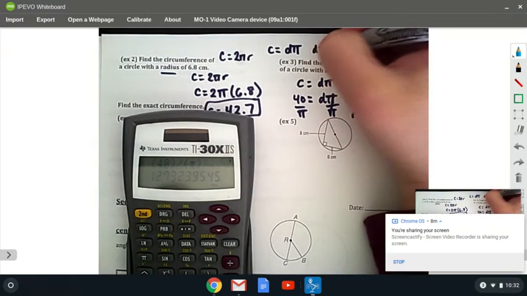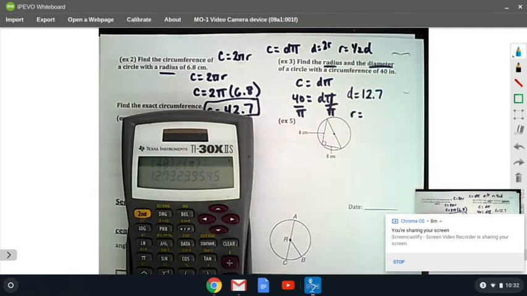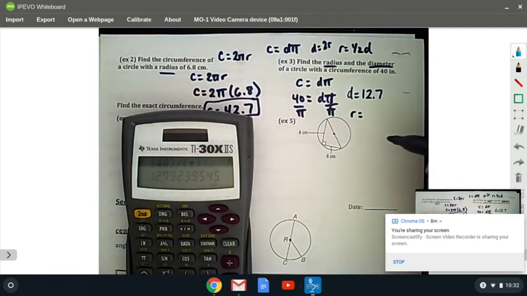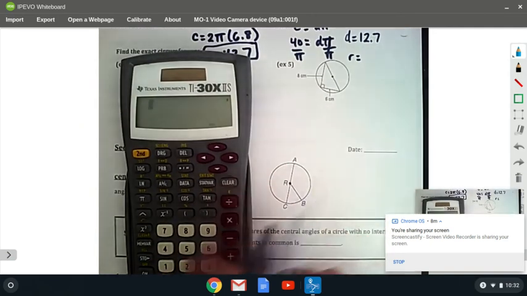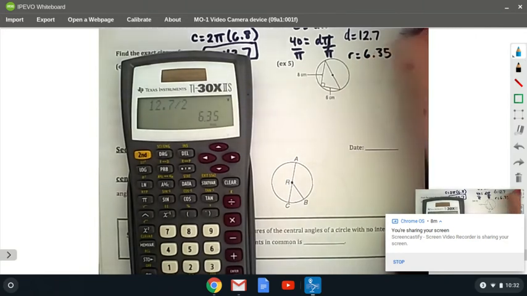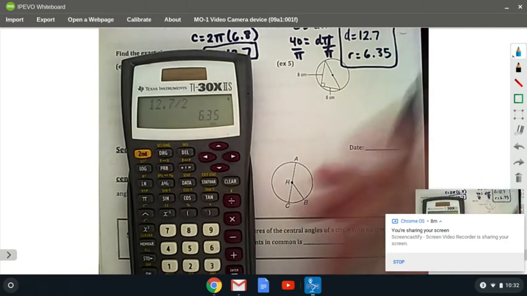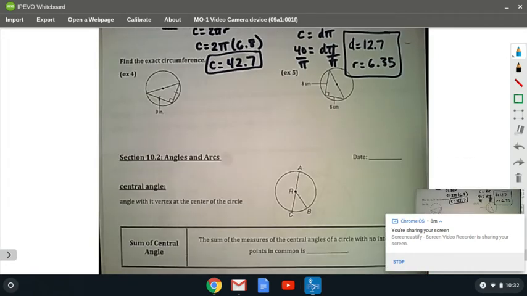Or diameter equals 2r. So they mean the same thing. So doubling the radius gets you the diameter. So cutting the diameter in half will get us the radius. So I'm just going to do 12.7 divided by 2, 6.35. I have now solved the problem because I have found my diameter and my radius.